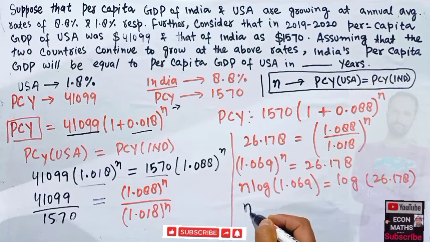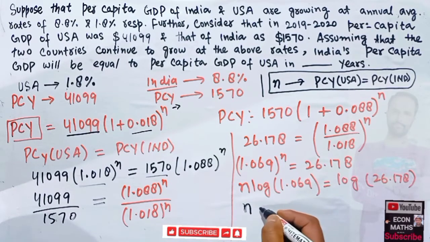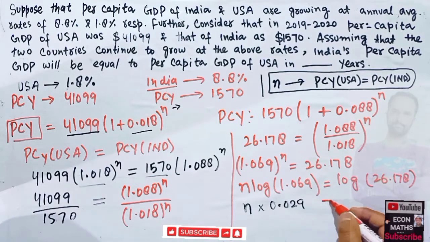Okay, which comes out to be, we have n here, and log of 1.069 comes out to be 0.029. And log of 26.178 comes out to be 1.418.